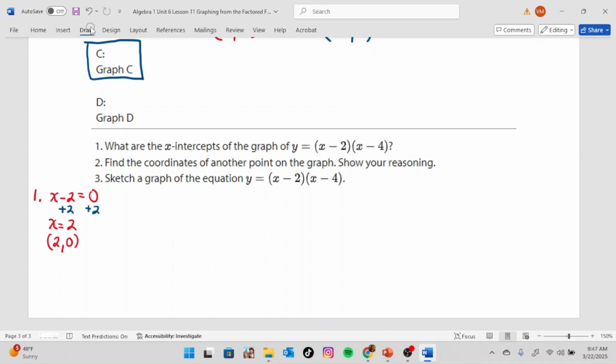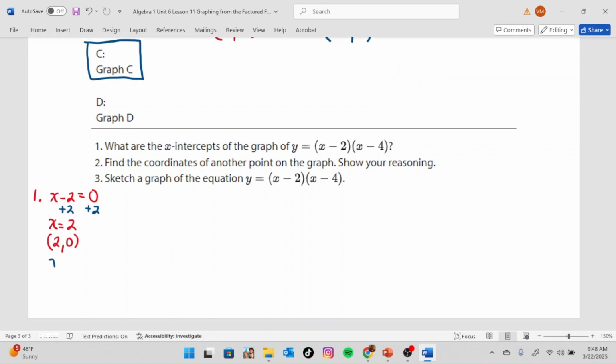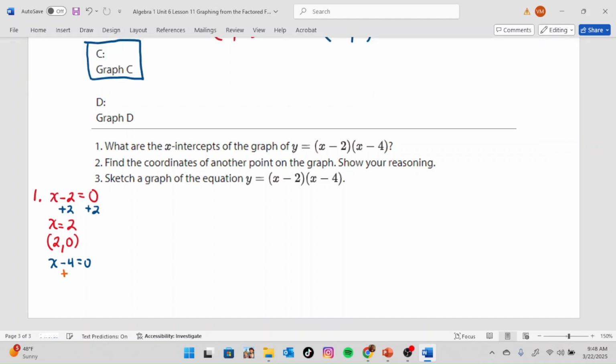Now, we can set the other factor, x minus 4, equal to 0. We add 4 to both sides, and that gives us x equals 4, so the other x-intercept is at the point (4, 0).